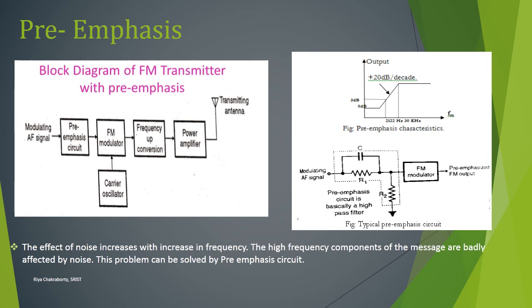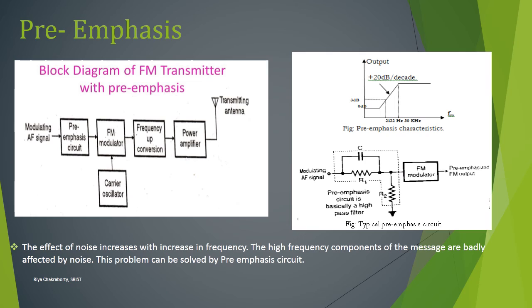The modulating AF signal is passed through a high pass RC filter, here R1 and C, before applying it to the FM modulator. As the modulating frequency increases, the reactance of C decreases and the modulating voltage applied to the FM modulator goes on increasing.